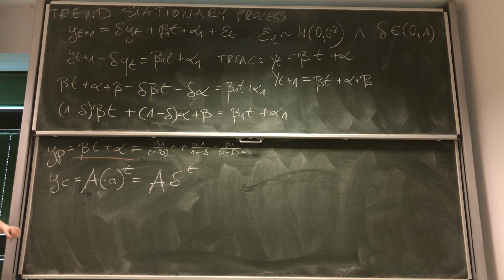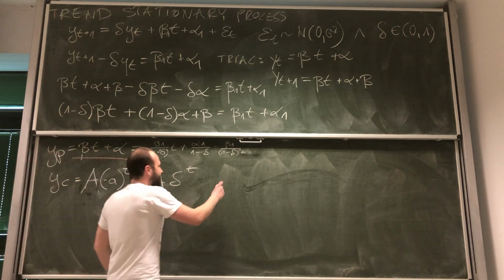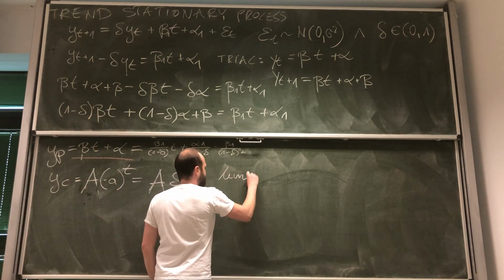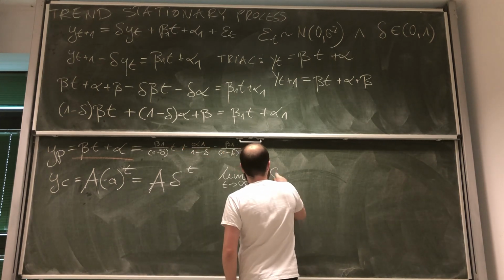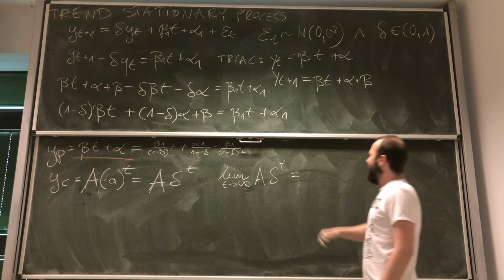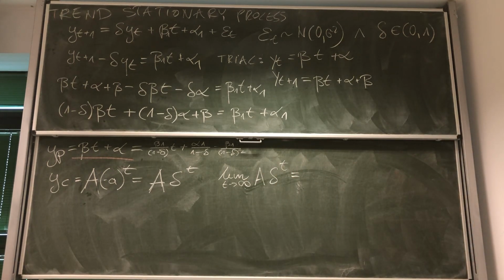However, look at a very simple thing. Over here, if I calculate the limit with t approaching infinity of A delta to the power of t, how much is it going to be?